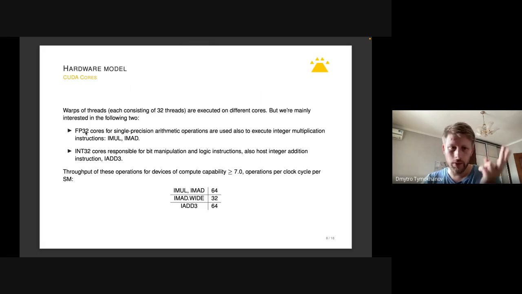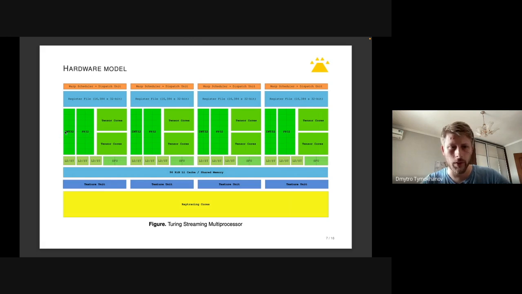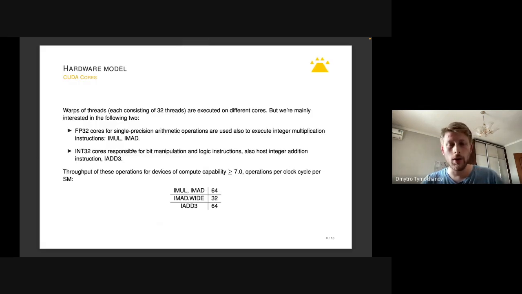The two most interesting pipelines to us, or cores, are the FP32 core and the INT32 core. The FP32 core is used for float arithmetic, but interestingly enough it is also used to compute multiplications and fused multiply-adds on integers.